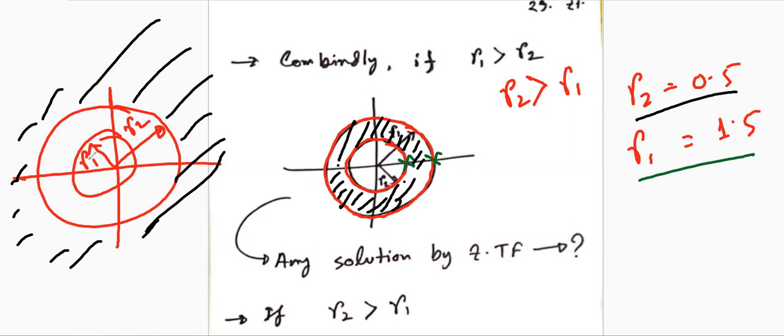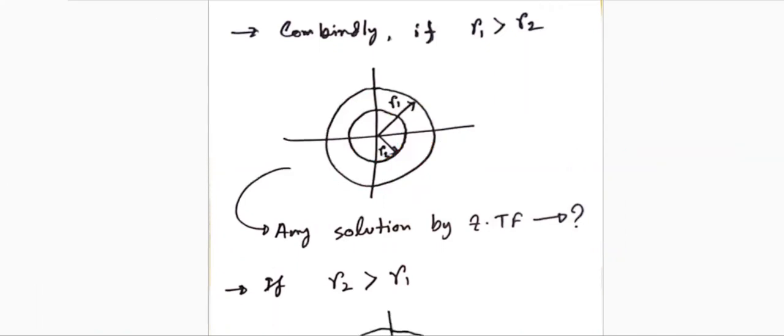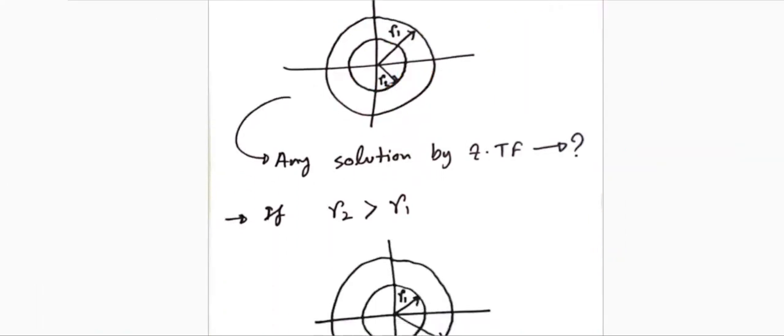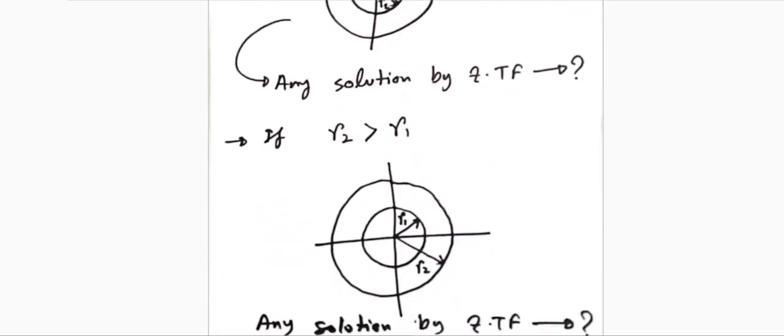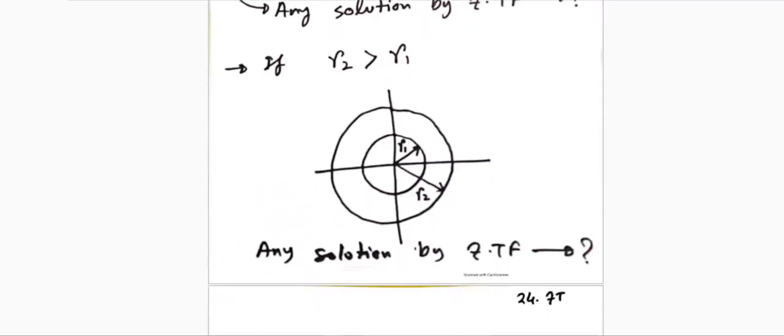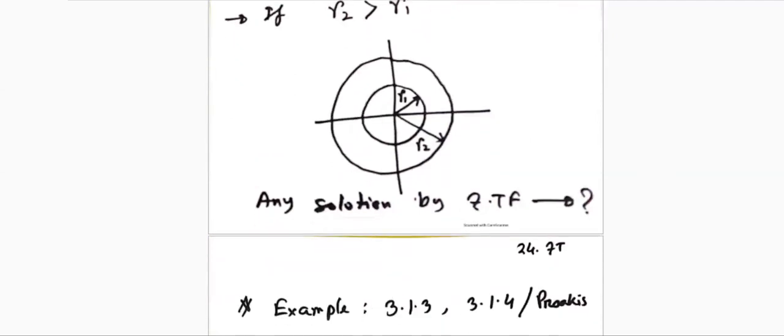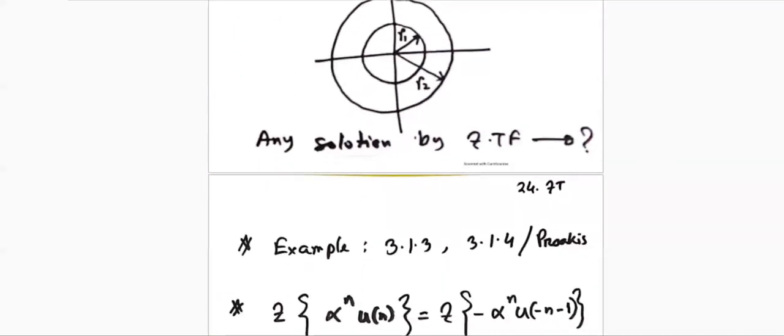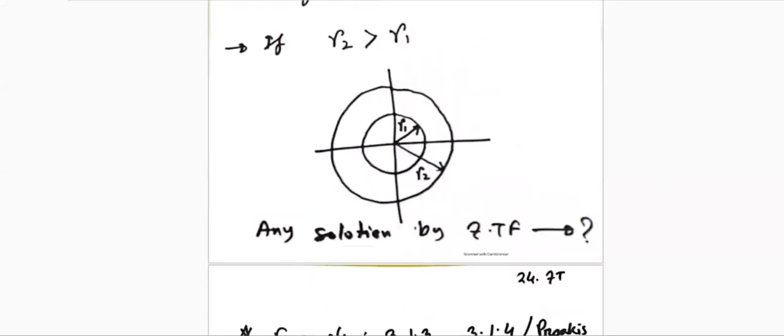And for R1, this is a left-sided sequence, so the interior is the solution. And you haven't found any common solution between these two sequences. So you don't have any solution for that sort of case. Okay. And that has been given here, so you can go through this. In the second case, we don't have the ROC and we don't have any Z transform.